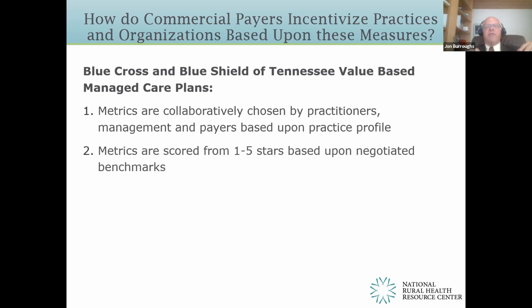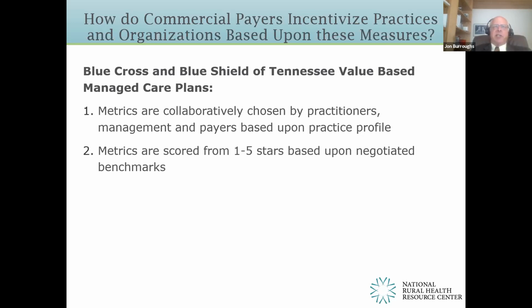Metrics are scored from 1 to 5 stars based on negotiated benchmarks. So basically, the group, the insurance carrier, the providers, and management sit down together and they come up with 4 agreed upon benchmarks, which creates 5 different levels of quality, going from 1 star to 5 stars.